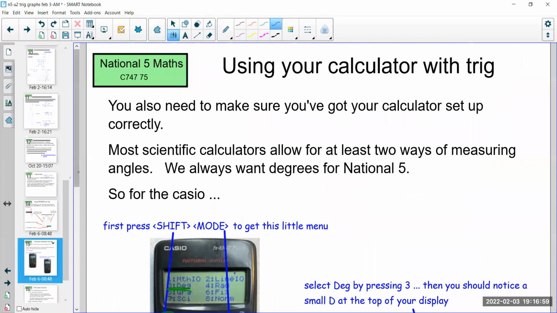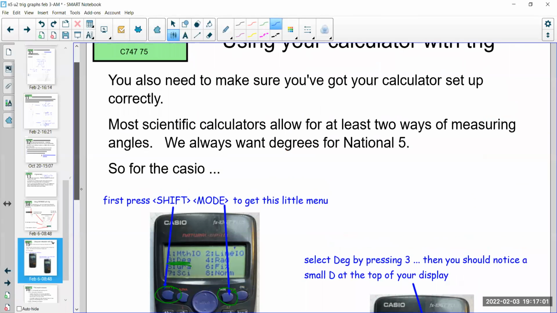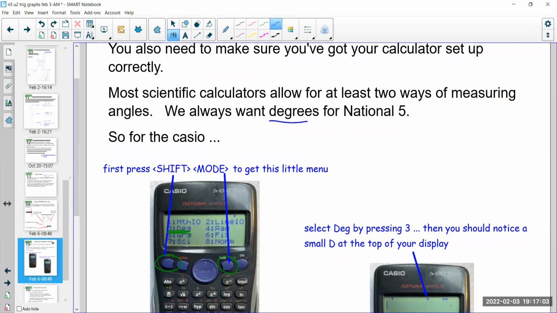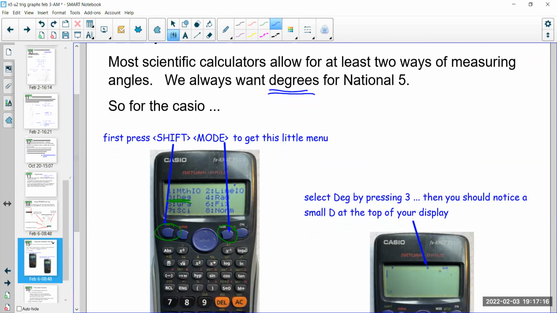On your calculator, what is important? For National 5, you'll find the angles are set to degrees for you. If you go on to study Higher, you would need to learn about gradians, but for National 5, make sure your calculator is showing a little D. If you see that D, that means you've set the correct angle unit, degrees.